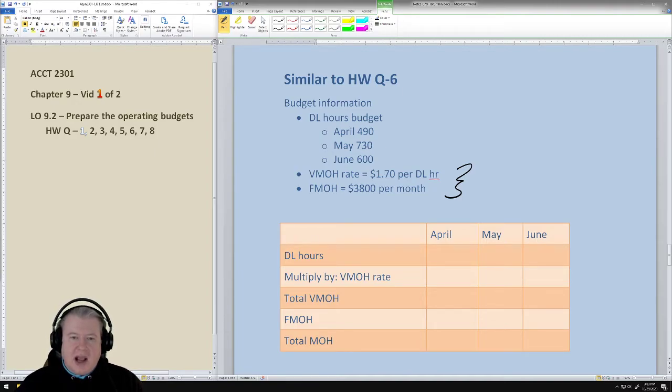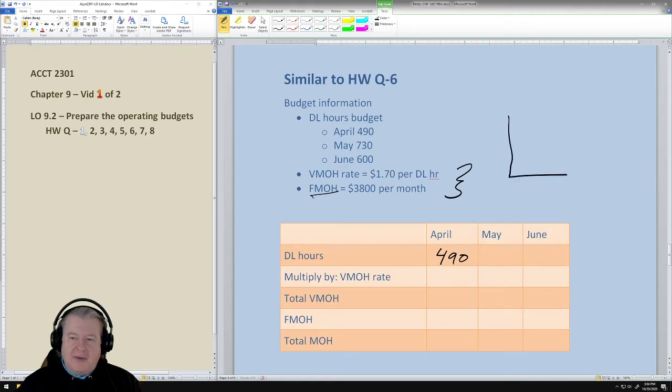So direct labor hours. This is going to be figuring out the manufacturing overhead. If you remember from our previous lessons, we figure out manufacturing overhead based upon some other number. Sometimes it could be production. Here, it's based upon the direct labor hours. I'll just do the first one here, 490. There's going to be a fixed manufacturing overhead, which is just a one-time amount per month.